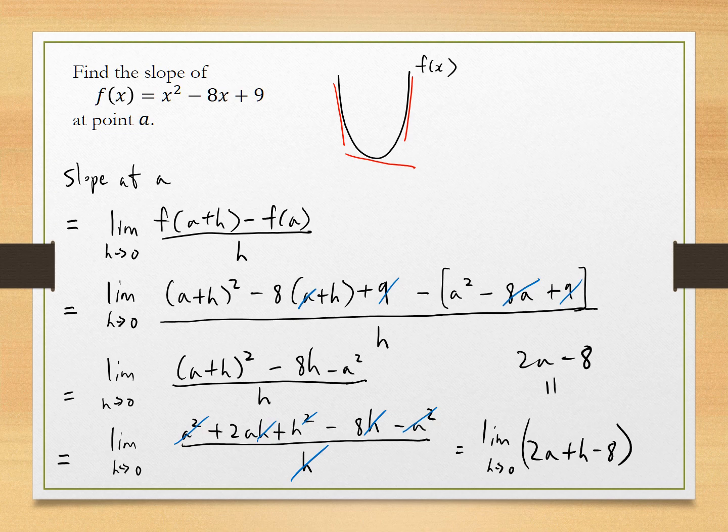It turns out there are patterns that you can memorize, and after you memorize them, you never have to deal with limits again, because what we want is a slope.